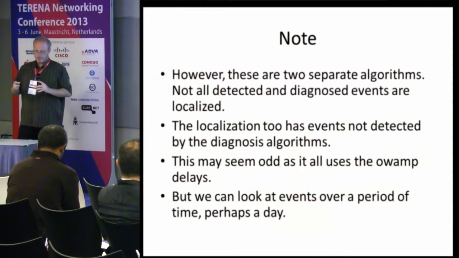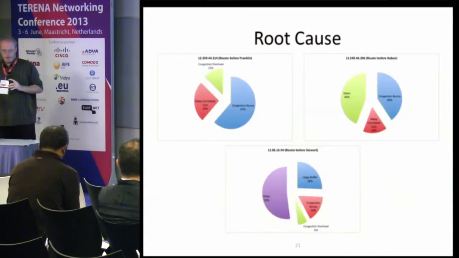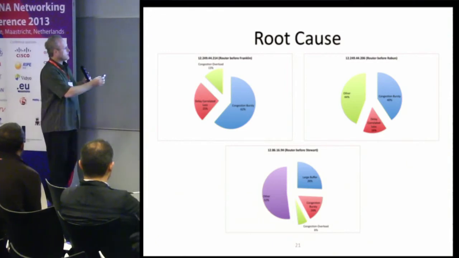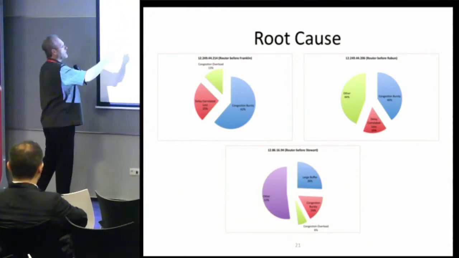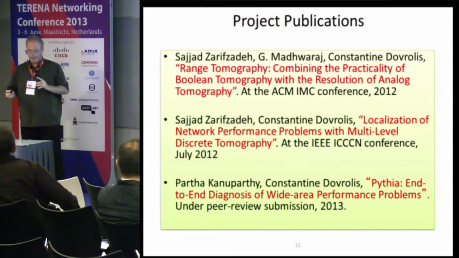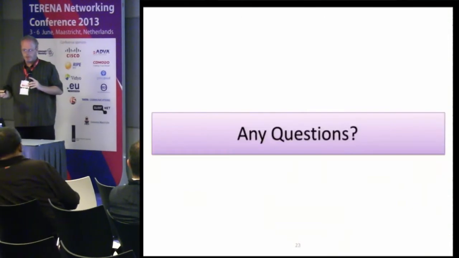So we're looking at probabilities, and again, these are three examples of congested districts, so it's not surprising that they're dominated by congestion bursty diagnoses. And there are some links to some papers.